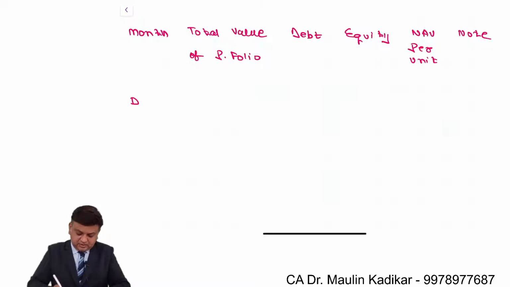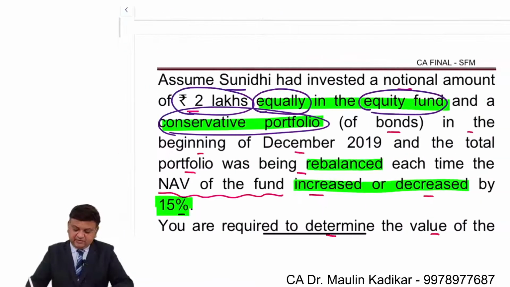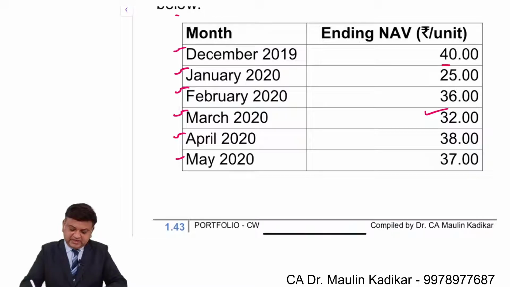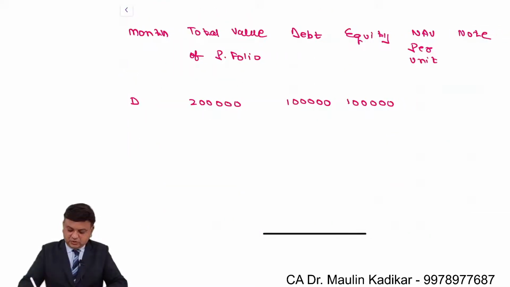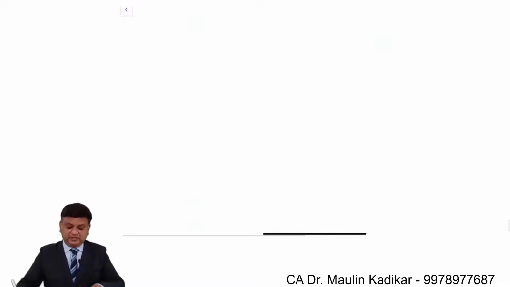In the month of December, the total value of the portfolio is 2 lakhs. Value of the debt is 1 lakh, that is half of the value initially. Equity value is also going to be 1 lakh. The NAV per unit is 40, so over here I am writing 40 and note number 1. In note number 1, 1 lakh upon 40, that is 2500 units are allotted to the investor in the month of December.